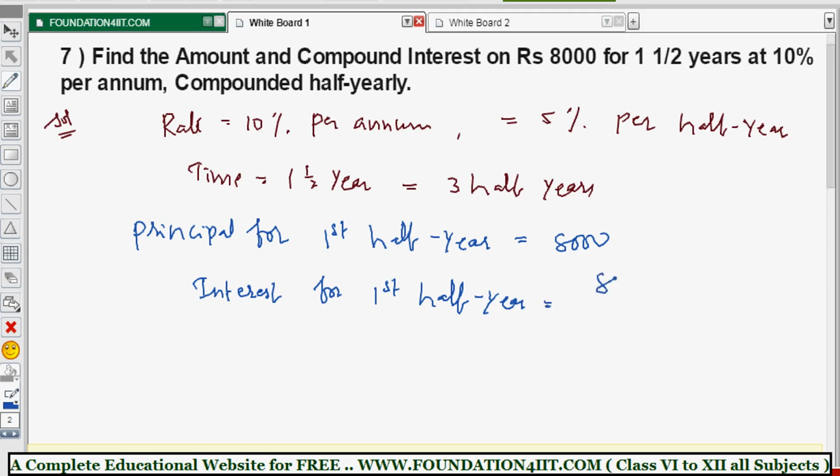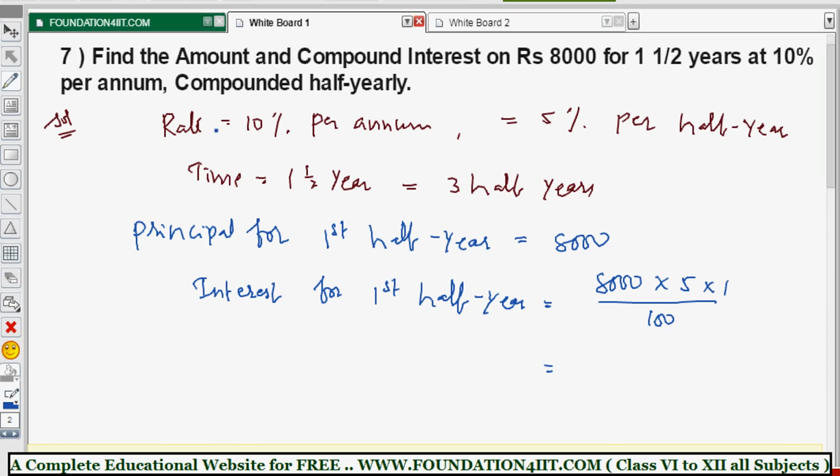The principal is 8,000 and the rate of interest is only 5, divided by 100. Every half year we take time as only 1. So 8,000 into 5 into 1 by 100.